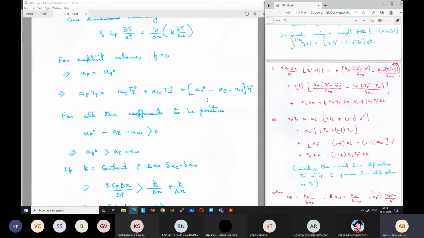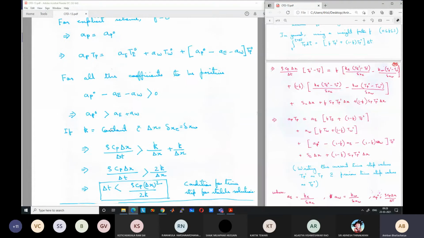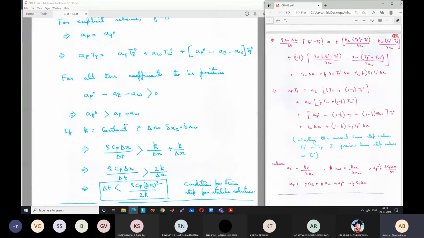If we assume that K is constant, so that KE is equal to KW equal to K, and also the grid spacing is constant, delta x equal to delta xe equal to delta xw, we can write AP0 as rho Cp delta x by delta t. AE is Ke by delta xe, so we can write this as K by delta x.